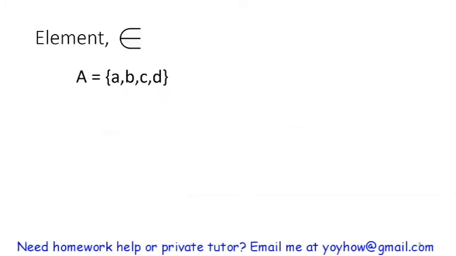If let's say you look at your set, this one is set A. So in set A, you consist of A, B, C, D. All this A, B, C, D is actually what we call elements. Like A is an element of set A, B is an element of set A, then we can put it like this, A, element of set A. So this is the sign for elements.